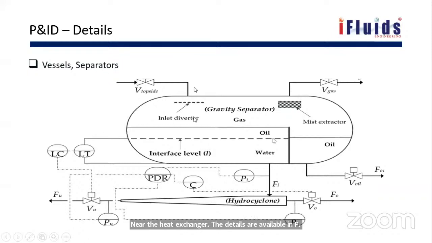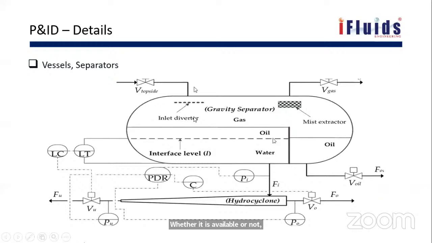Air coolers: the number of fans available, and whether louvers are there. Louvers are nothing but manually opening and closing the top, like a valve actually. It will increase or decrease the airflow through that fin fan. Whether it is available or not will be indicated.